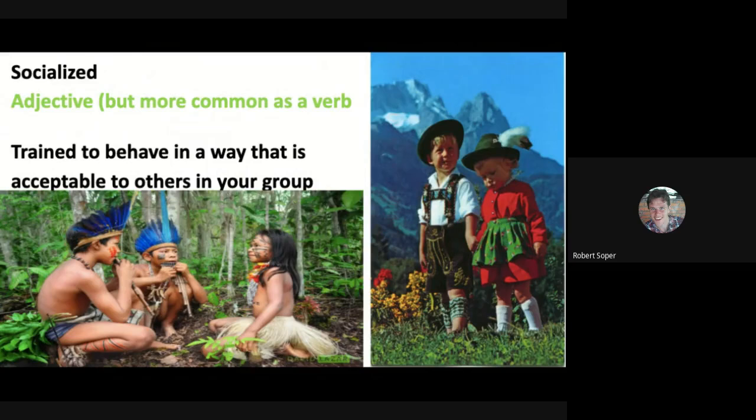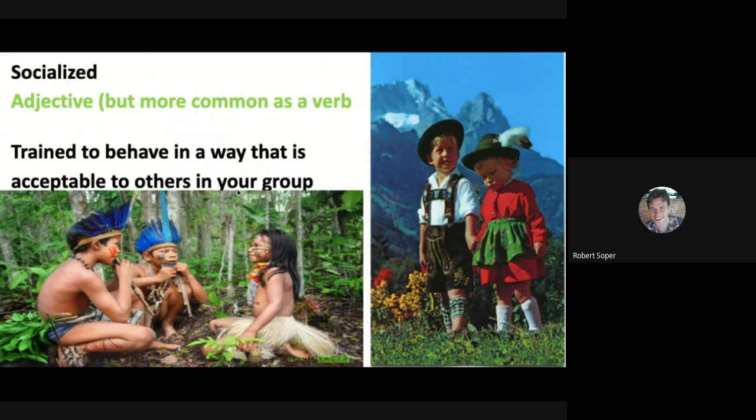So, what people do you think are socialized? Well, children. Children are the classic example of people who are socialized. So you could say our children became more socialized as they grew up. That basically means they were trained to behave in a way that is acceptable to others.